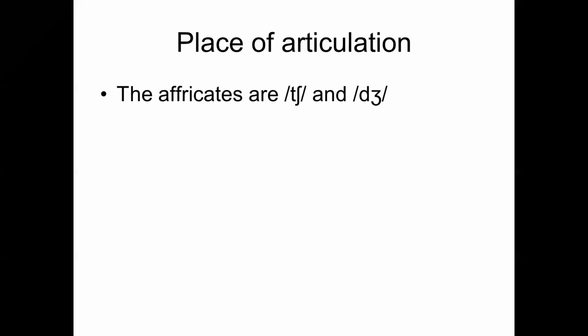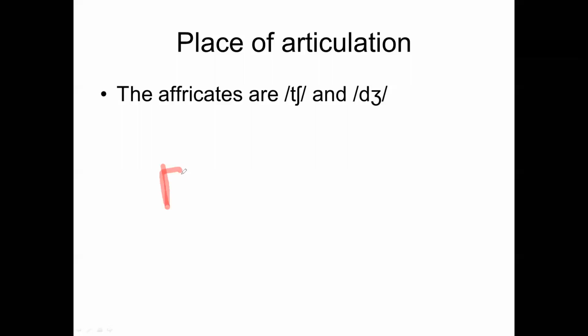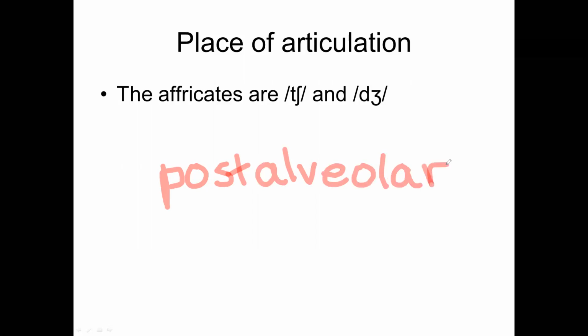Now they both happen to be post-alveolar. All right, if you're having trouble spelling that, post is pretty straightforward, and then we have alveolar. So that means we're talking about the alveolar ridge.